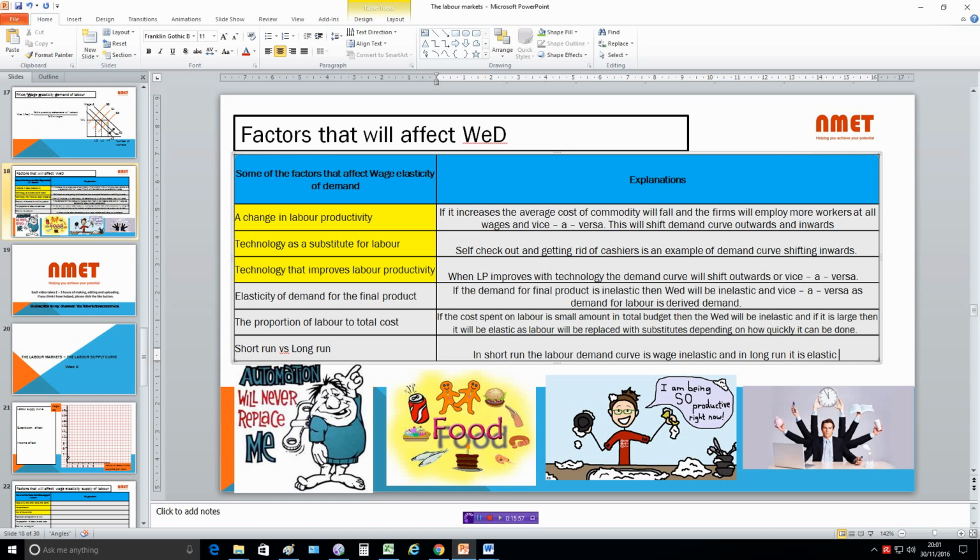In the long run it becomes more elastic because you have more time to find someone already trained or to train someone to fulfill your needs, and also to provide information to people you're looking for. So many different variables need to be taken into account.